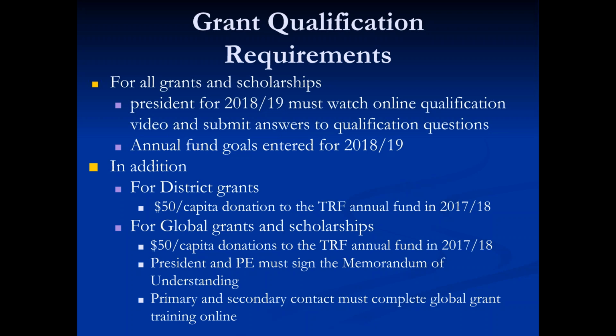In addition, if you want to have a district grant, you'll have to have a $50 per capita donation to the annual fund in 2017-18, which is this year. The same thing is required for global grants, but in addition, as I mentioned before, the president and president-elect must sign a memorandum of understanding. And additionally for global grants, the primary and secondary contacts must complete the global grant training online.